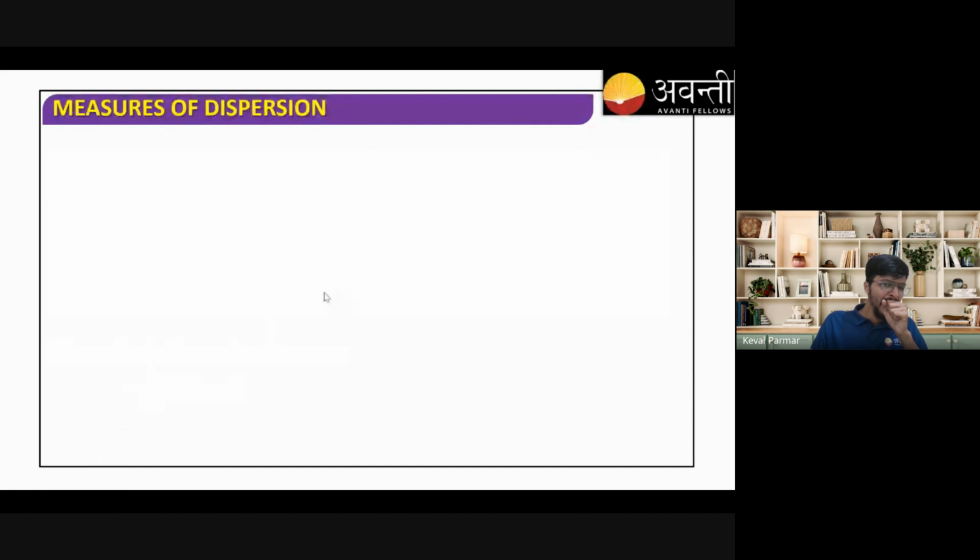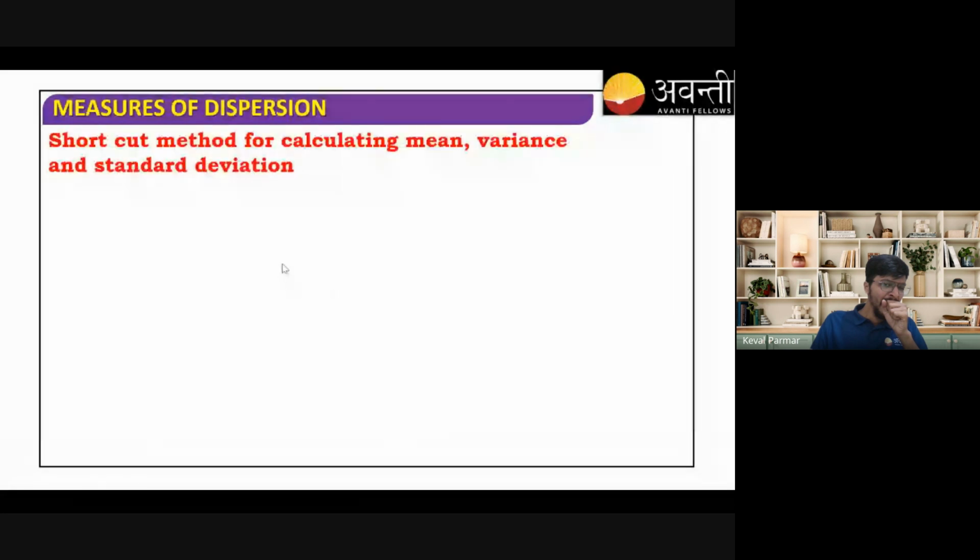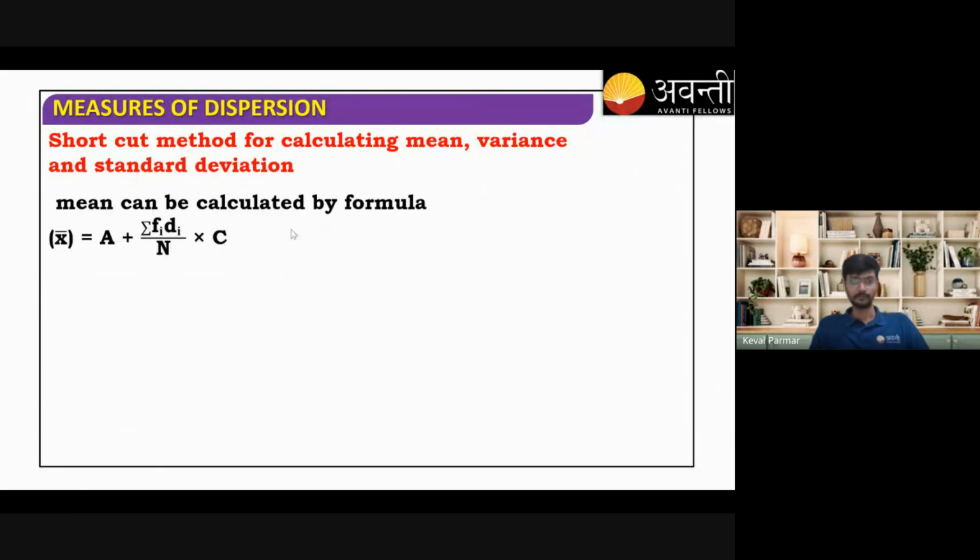Chalo. Shortcut method for calculating mean, and now we have variance and standard deviation. So mean, we already saw this formula. A is assumed mean plus summation Fi di upon n into C. Variance. See, this formula may look very complicated, but it's not.